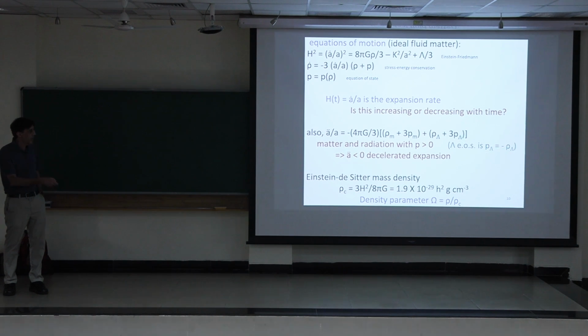And we're going to get, so this rho lambda plus 3p lambda is going to be minus 2 rho lambda. And we're going to choose rho lambda to be dominant over rho matter. So then this negative piece can overwhelm this positive piece in here and make everything inside the square parenthesis negative, and that negative sign will cancel that, and A double dot will be positive. And that's why we introduced dark energy, and the simplest one is the cosmological constant.